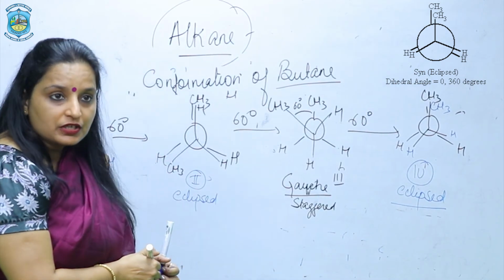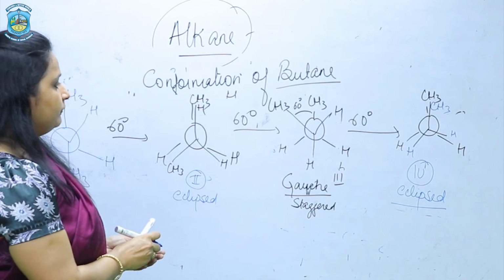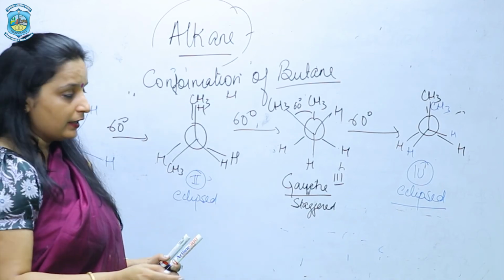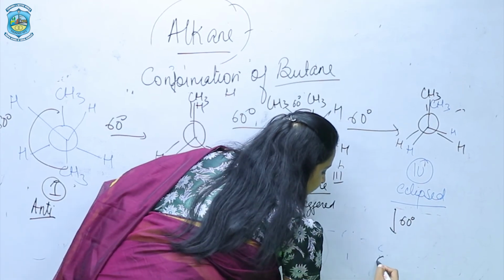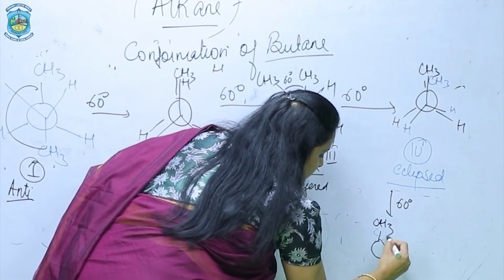conformation of butane. Now, again we have 4 structures up till now, then again rotating it by 60 degrees, I get back to something like this.